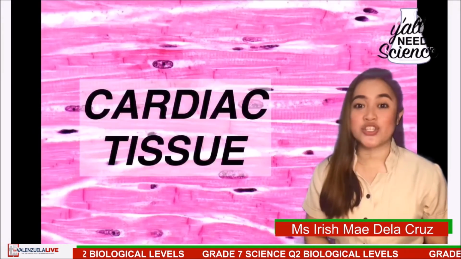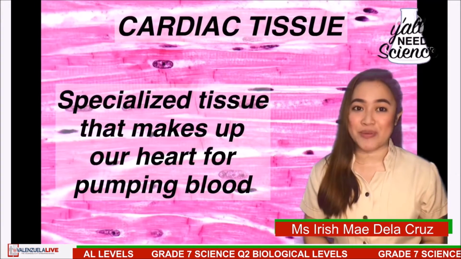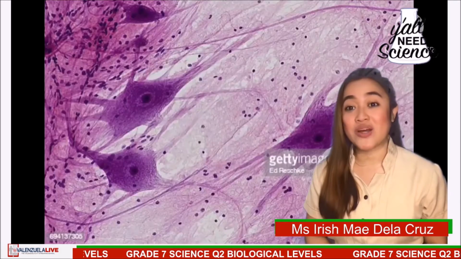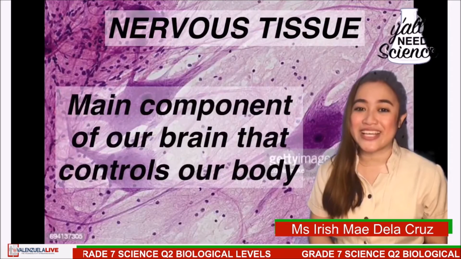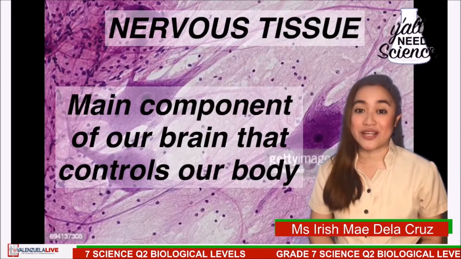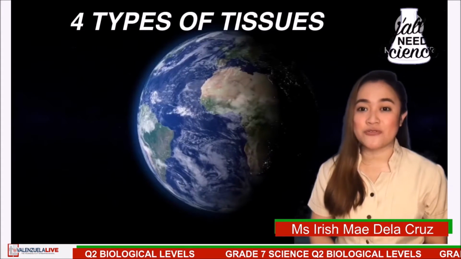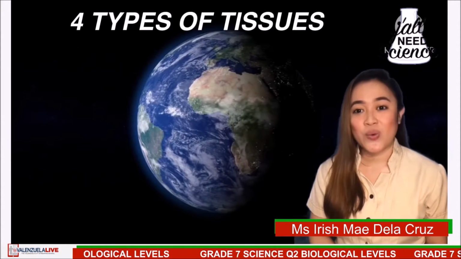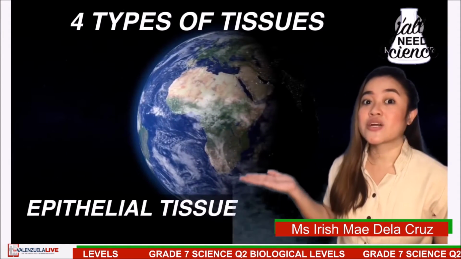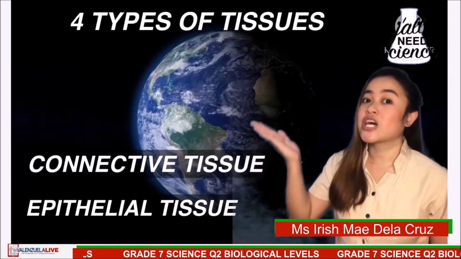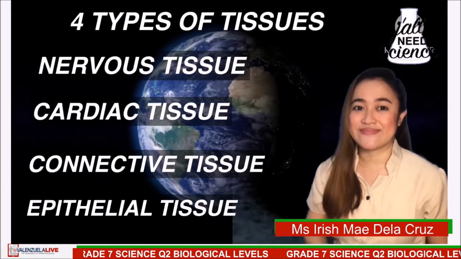And for the cardiac tissue, it is a specialized tissue that makes up our heart for pumping blood. How about the nervous tissue? The main component of our brain that controls our body. Again, the 4 types of tissues in our body, we have the epithelial tissue, the connective tissue, the cardiac tissue, and the nervous tissue.